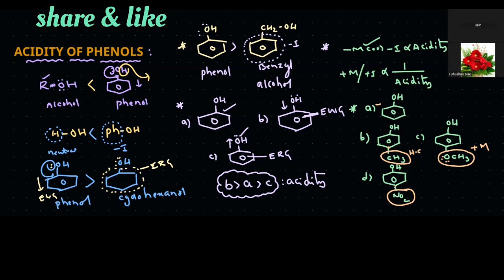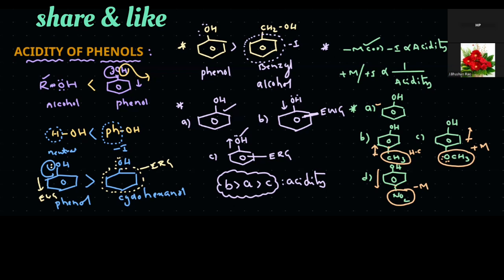In all these cases, hyperconjugation releases the electrons. Plus M also releases the electrons. Compared to these two releasing groups, in A a neutral atom hydrogen is present, but minus M decreases the density on oxygen. Now, which one is more acidic in all these cases?